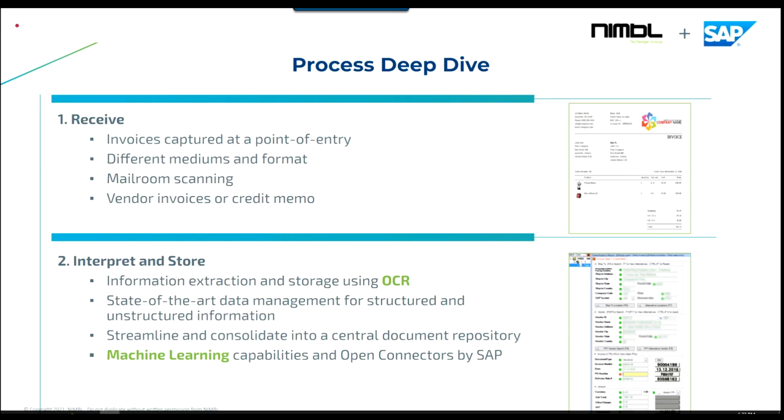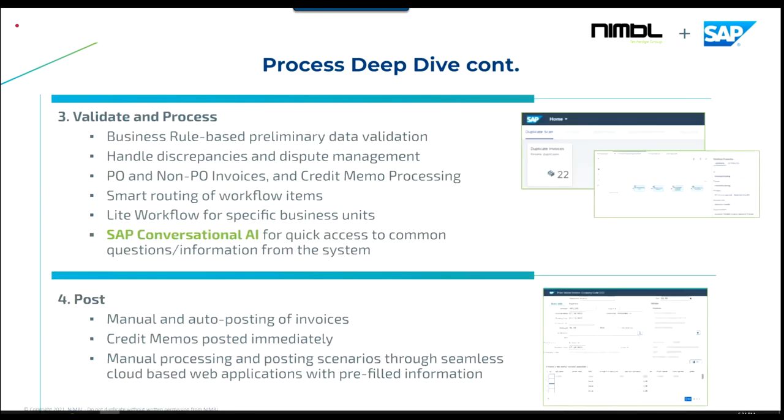To complement the machine learning service, we also have SAP's document storage service on the cloud on BTP, and that could be used to store unstructured information. We've got the SAP HANA service to store structured information, and we can also use open connectors to connect to any document repository of your choice. So if you have Google Drive, for example.